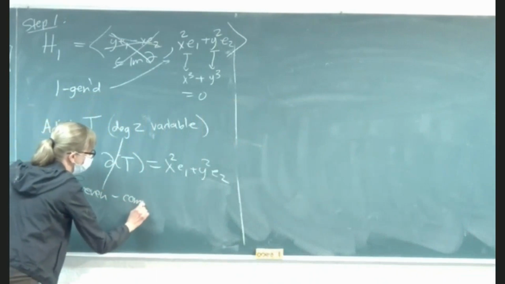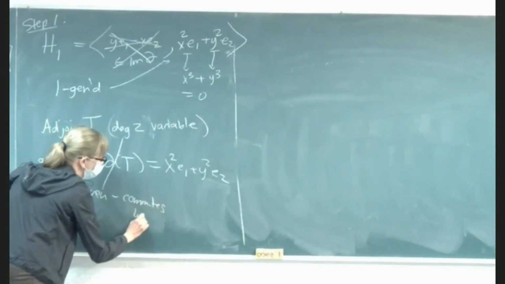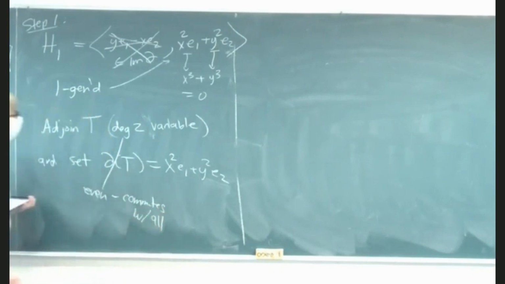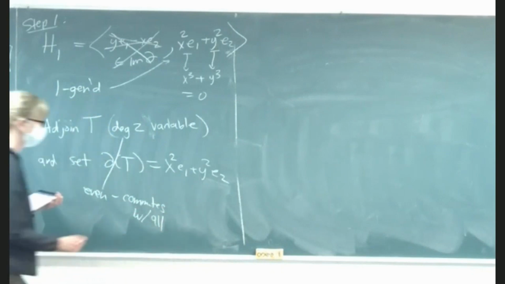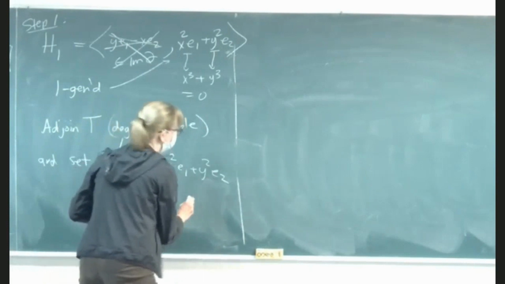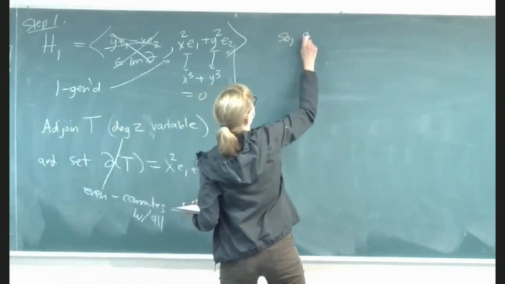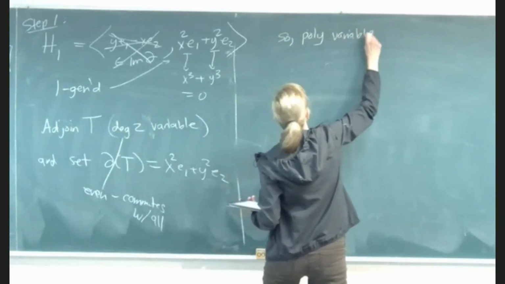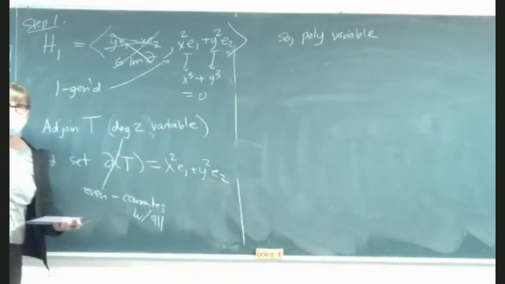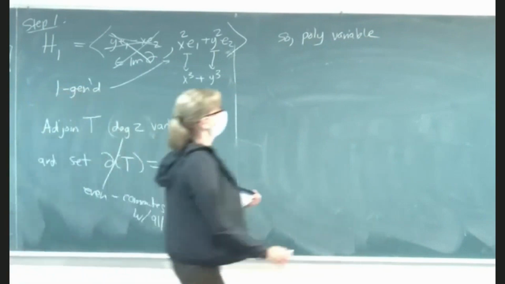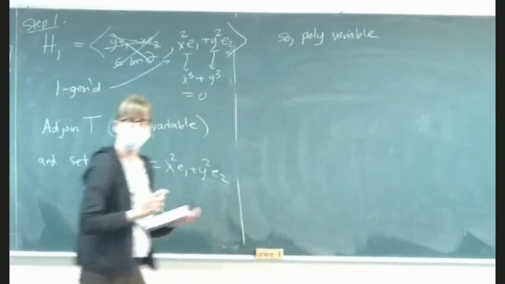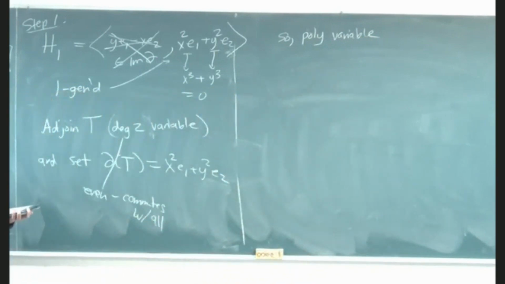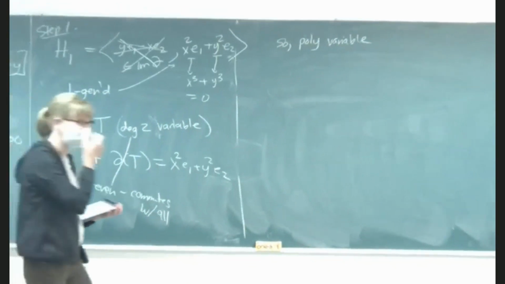So it commutes with all. Okay, so this is a polynomial variable. It's a poly variable, by which I mean we're adjoining the entire polynomial ring. Okay. Next step is going to be infinite. The next step is infinite. Very good. It's already infinite now.